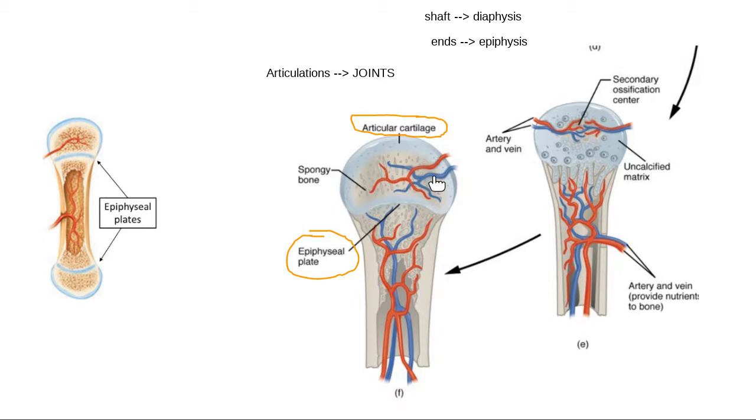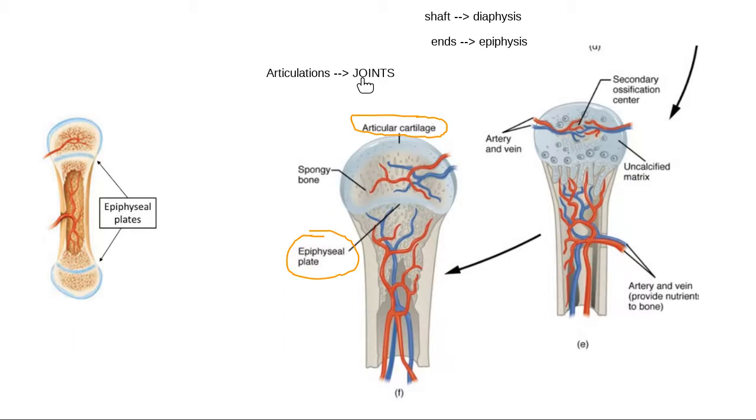So remember how we were talking before about how at the end of each of your phalanges, you have some of that hyaline cartilage. That hyaline cartilage at the end of each of your phalanges is called the articular cartilage. So articular cartilage is the type of cartilage that I find inside articulations, or inside the joints of your body.